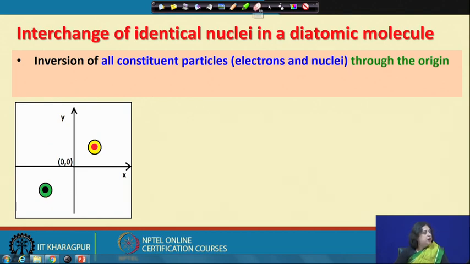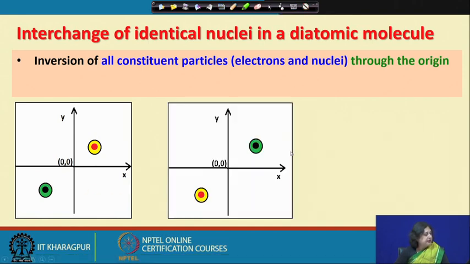In the first step, if this is my starting configuration, I have 1 here, 2 here, and I would like to invert all the constituent particles through the origin, and this would definitely result in something like this. So, this will go to this position and this will come to this position, as we see in this picture.